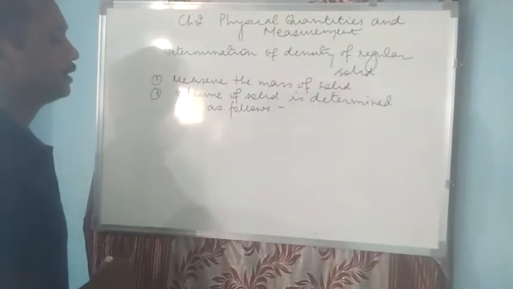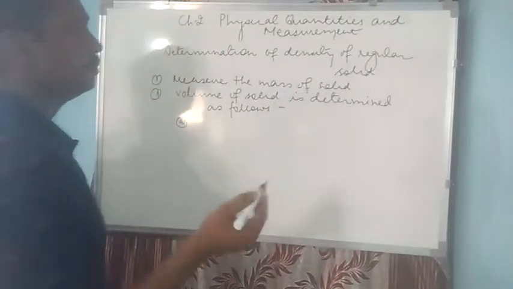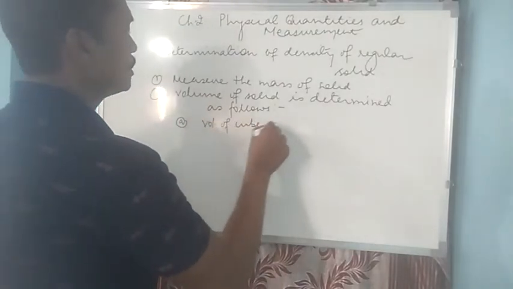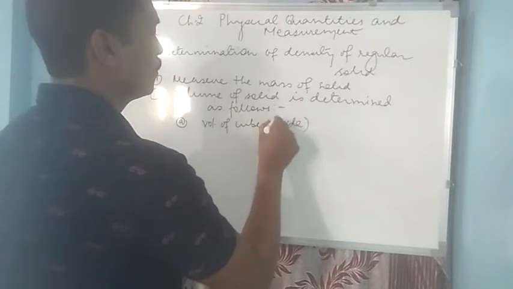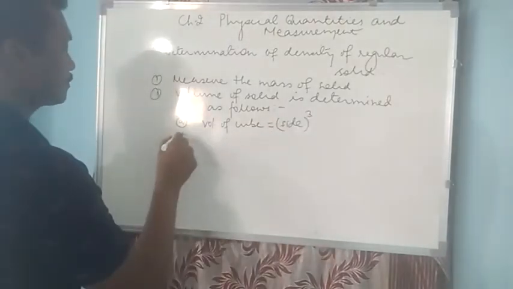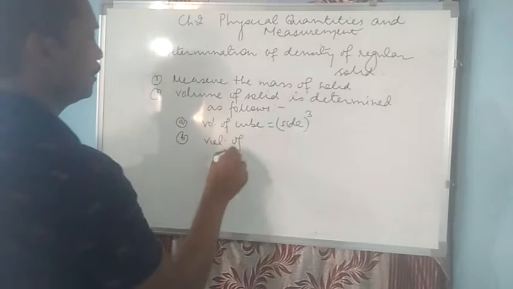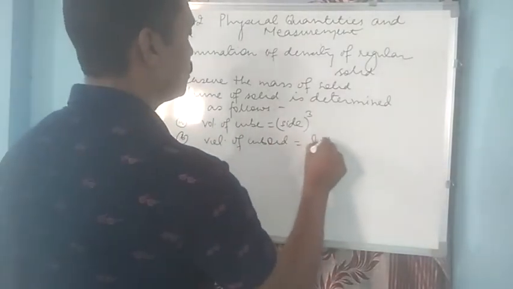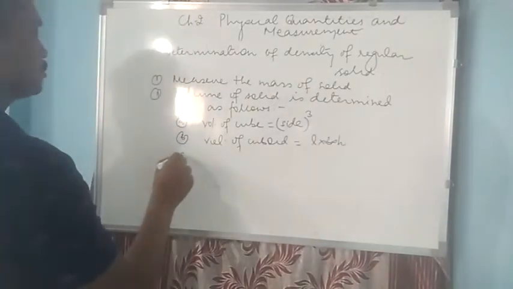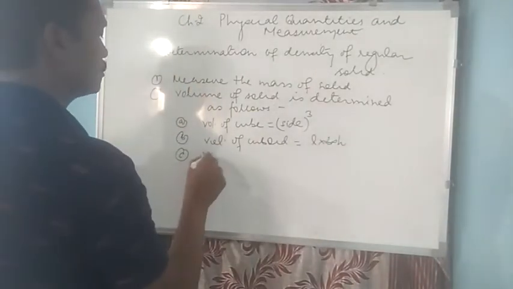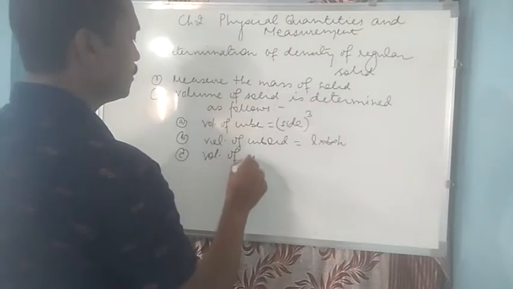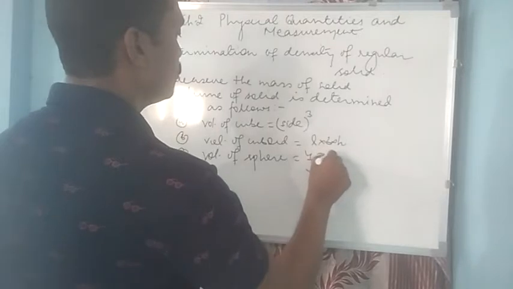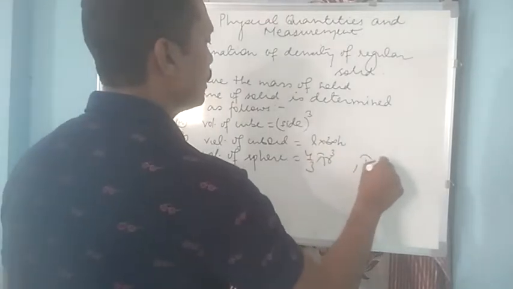so it can be determined as follows. If it is a cube, then the volume of a cube is equal to side cube. If it is a cuboid, then the volume of a cuboid is equal to length into breadth into height. Now if the solid is a spherical solid, we'll find out the volume of a sphere, which is 4 by 3 pi r cube, where pi is equal to 22 by 7.